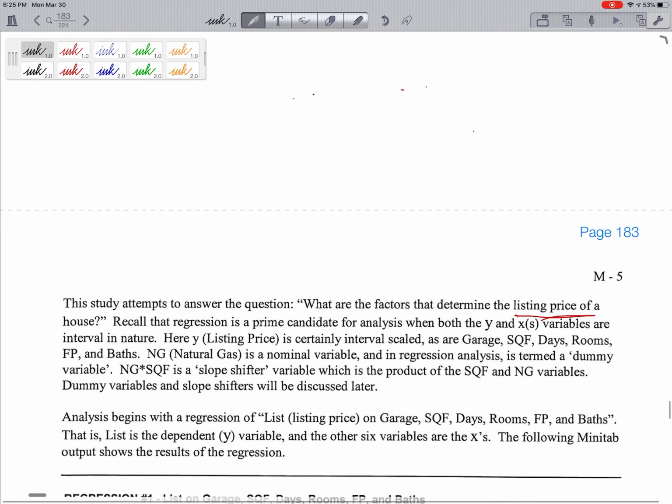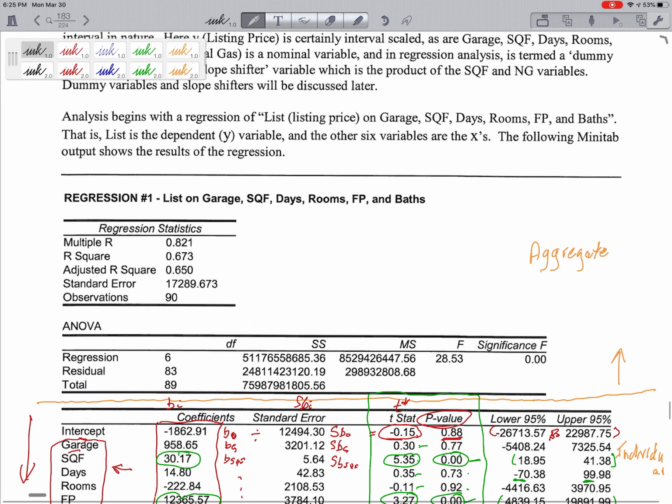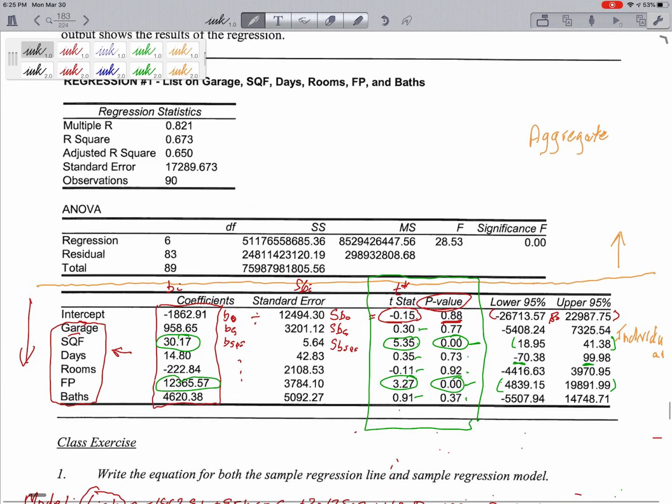Okay. Now, here's the trick. You can always find n minus p minus 1 as the degrees of freedom for SSE. So that is, let me just change colors here. SSE is right here, and another name for residual is error. And so we've got 83 degrees of freedom.